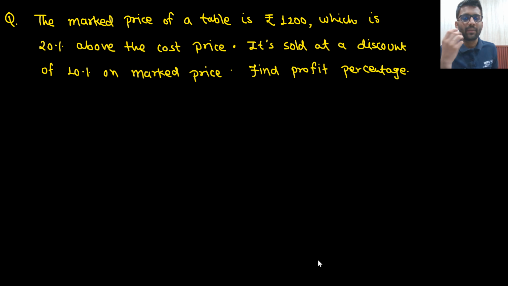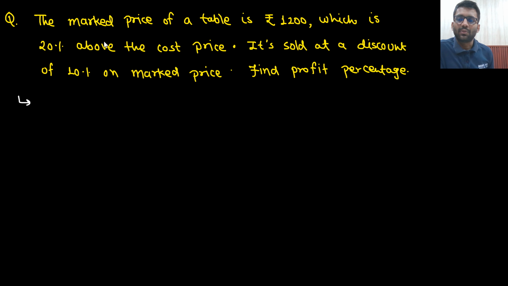The marked price of a table is 1200 rupees, which is 20% above the cost price. It is sold at a discount of 10% on the marked price. Find the profit percent.